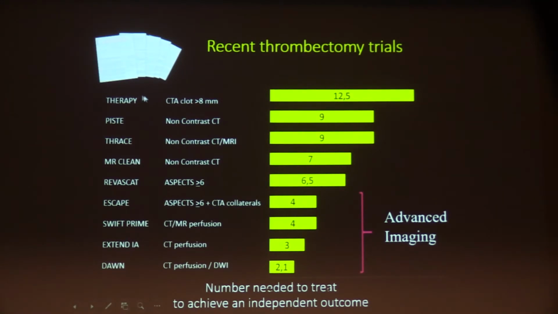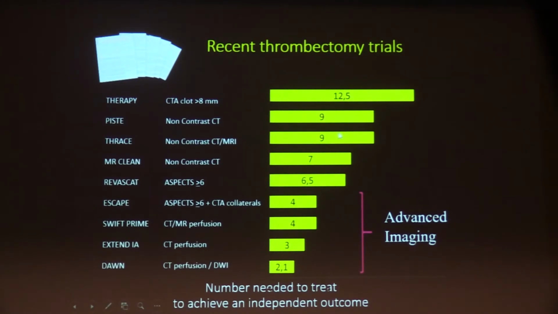If we compute the data from all the recent thrombectomy trials, and I'm not going to detail all the thrombectomy trials that have been published, most of them in the New England Journal of Medicine in the last 2 years, what you can see is the number of patients needed to treat to save one or to avoid one severe handicap.